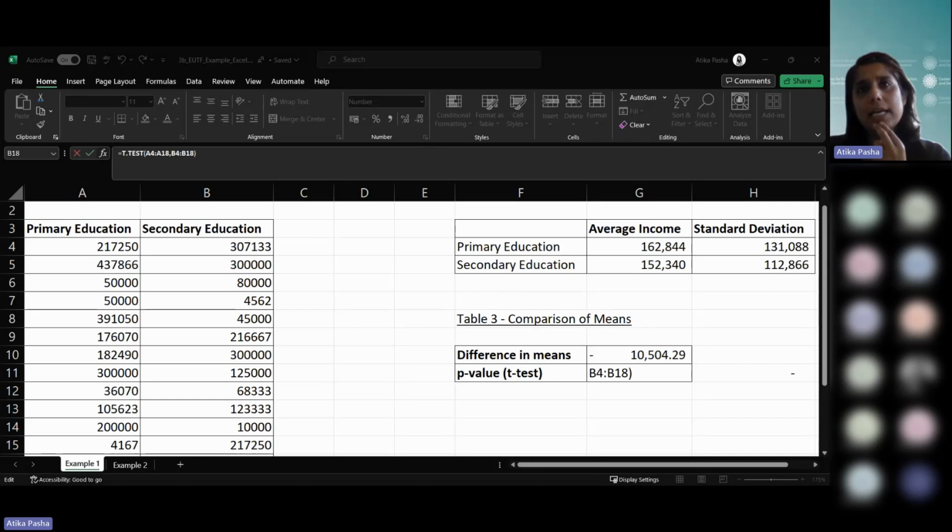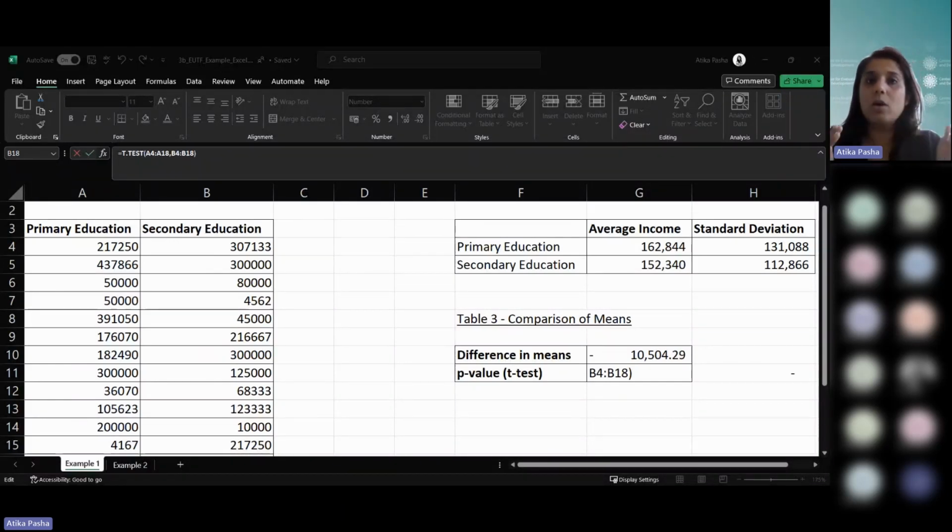To give you an example of a one-sided t-test, your null hypothesis for a one-tail t-test would be that the income of people having primary education is higher than those who have no primary education. So you always specify a direction, and that's the one-sided test.